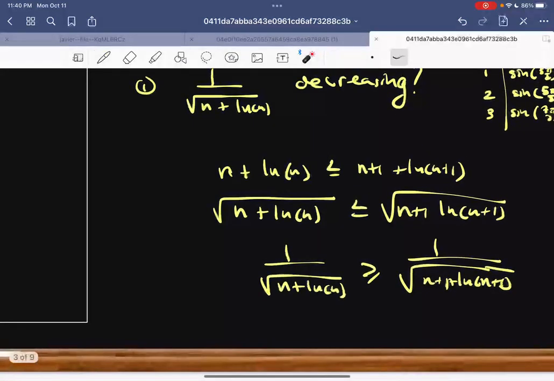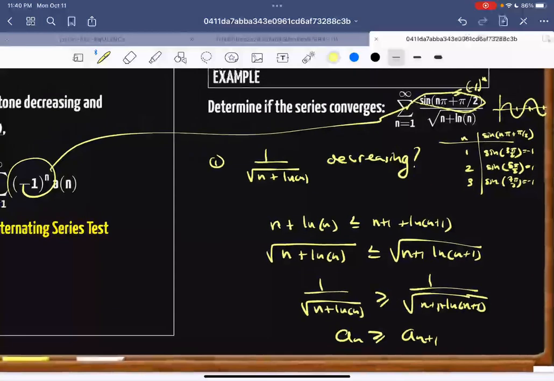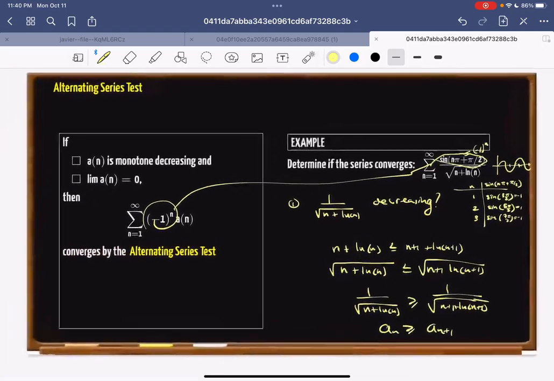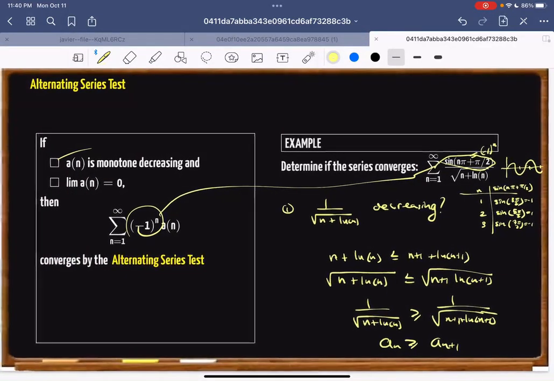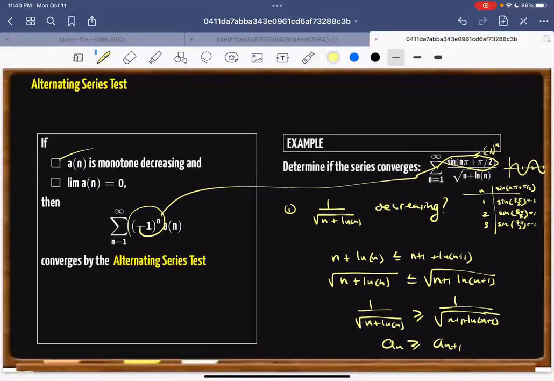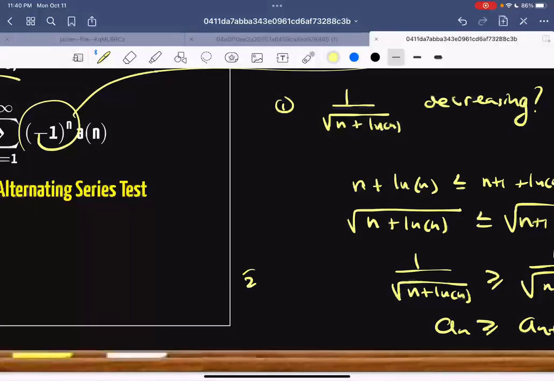So this shows you that a_n is bigger than a_(n+1). So this shows you that the sequence is in fact monotone, and it's easy to see that it's decreasing. All you got to do is show that the limit is equal to 0. All you do is do the plug-in method, and you'll see that the limit is 0.